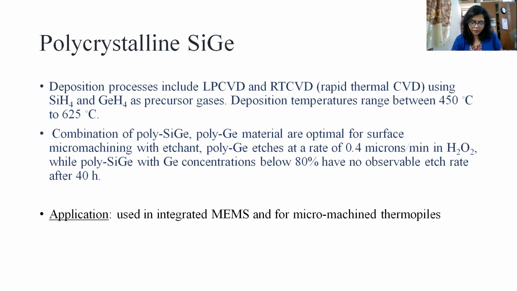With the etchant hydrogen peroxide, H2O2, the polygermanium etching rate is 0.4 micron per minute, while polysilicon germanium with more than 80% germanium has no effect over 40 hours. These can be used in integrated MEMS and micromachined thermopiles.